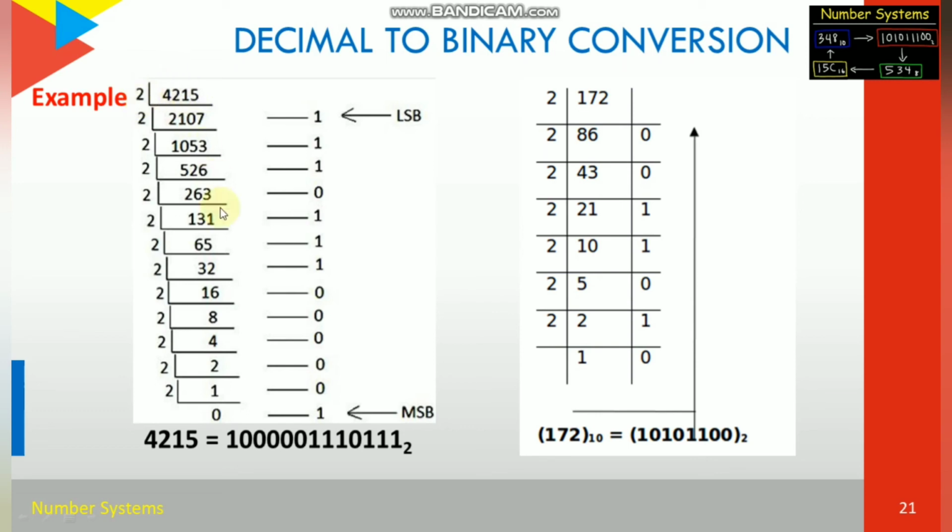And here you should make a note of it. Once we are dividing a number by 2, if the last value is 0, that is your final quotient, it is not necessary that you should put the 0. It is not necessary to add 0, because a preceding 0 is not necessary. Actually the answer is 0 1 0 0 0 0 0 1 1 1 0 1 1 1. That should be the answer.